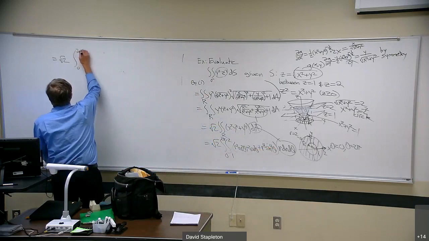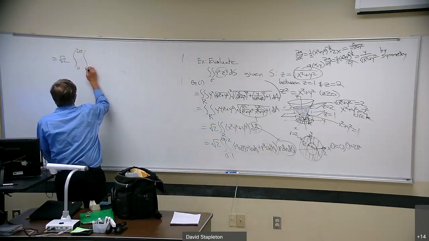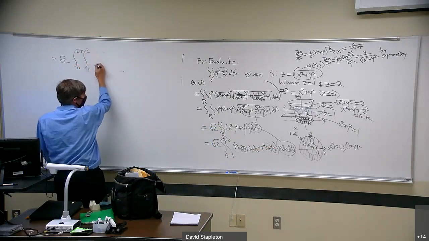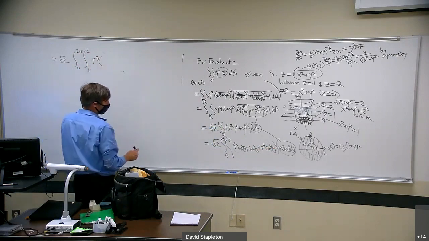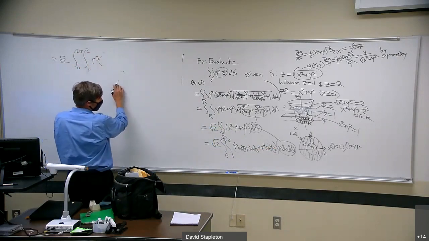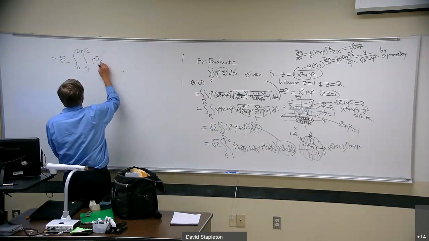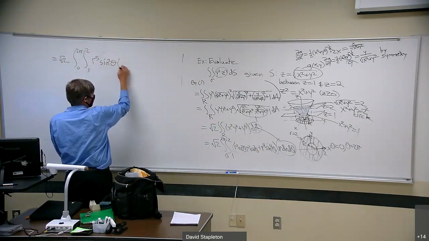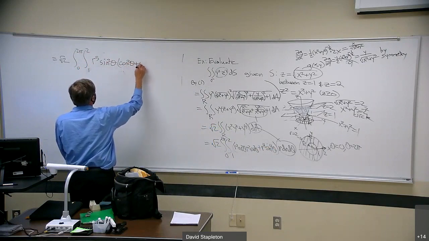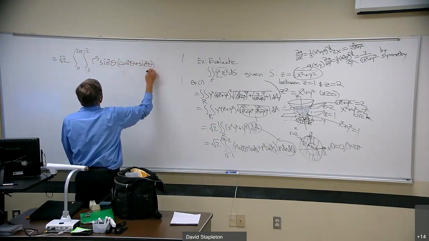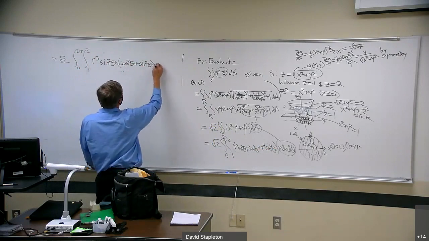Integral from 0 to 2 pi, integral from 1 to 2, r to the fifth times sine squared times cosine squared plus sine squared by factoring, dr d theta.